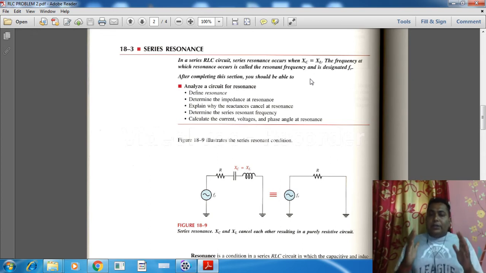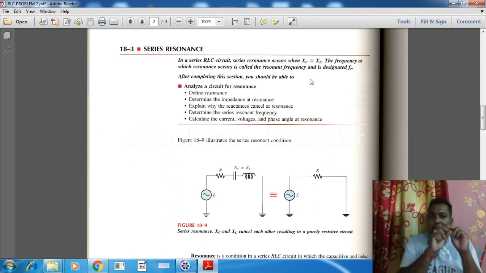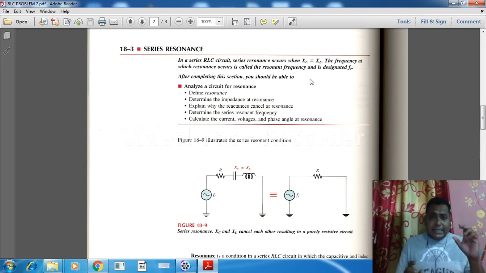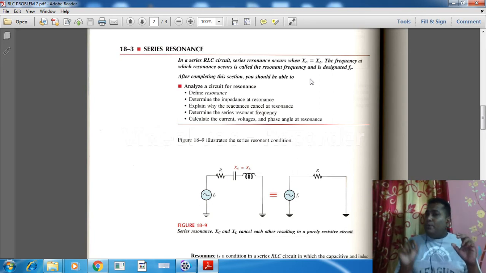Try to think, XL is equal to 2 pi F L, so XL is directly proportional to the frequency. Correct? Now what is XC? XC is equal to 1 by 2 pi F C, so here XC is inversely proportional to the frequency.